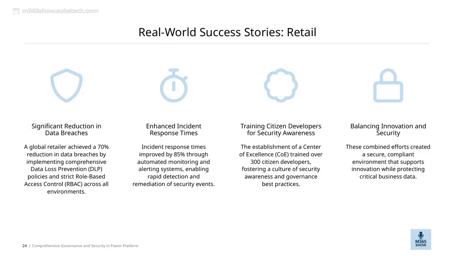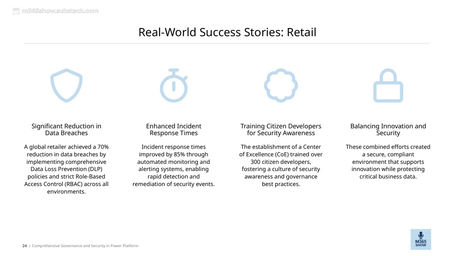Another key point is training citizen developers for security awareness. By establishing a Center of Excellence, or COE, over 300 citizen developers received targeted training. This fostered a culture where security and governance best practices are second nature, empowering users to develop solutions responsibly.